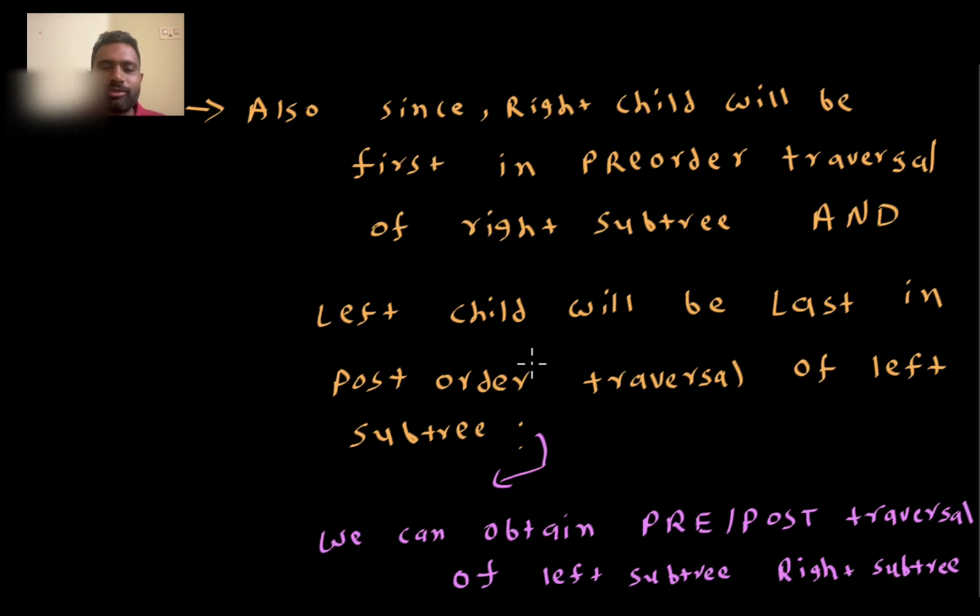So with only one property, we need to assume that both children exist, and from that we will be able to identify what is the left child, what is the right child, what is the root, what is the pre-order traversal of the left subtree, what is the pre-order traversal of the right subtree.